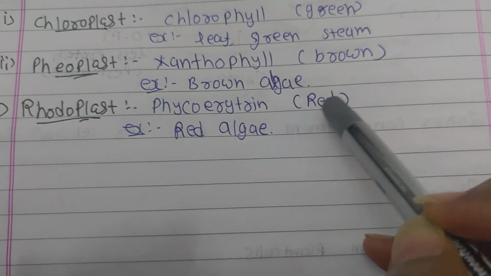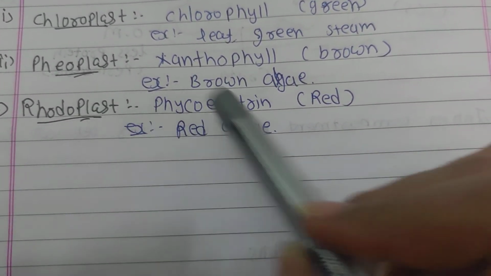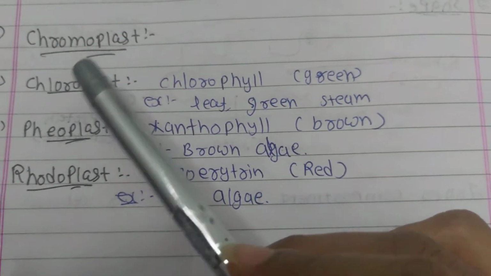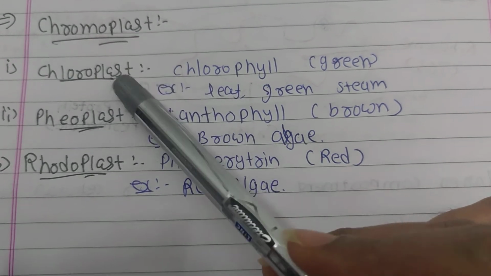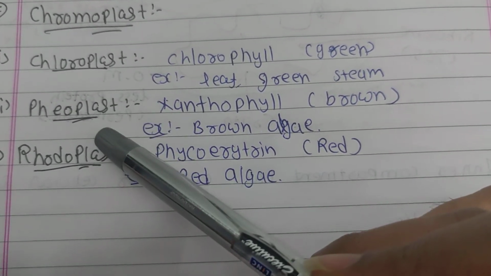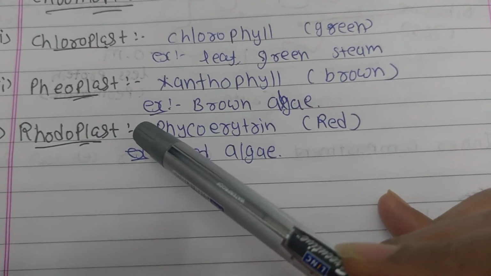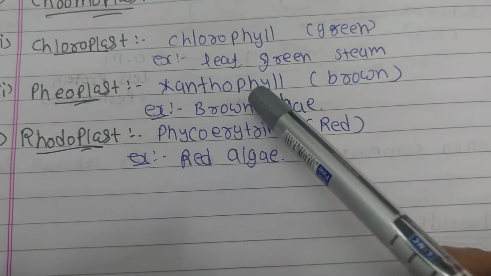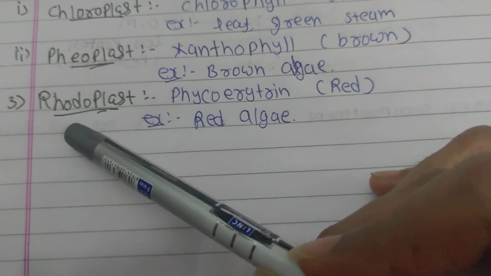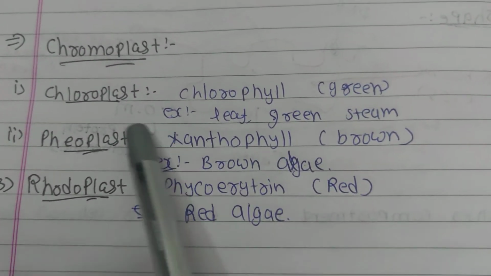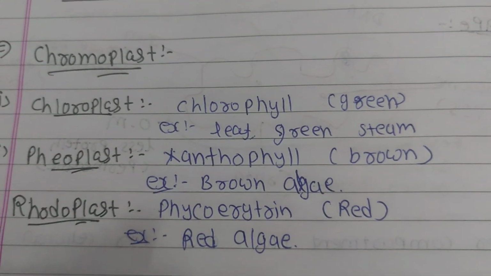Erythrin means red, so phycoerythrin has red color and it is present in red algae. So chromoplasts are of three types: chloroplast, pheoplast and rhodoplast. Chloroplast has the green pigment chlorophyll; pheoplast, the brown pigment xanthophyll; and rhodoplast, the red pigment phycoerythrin. We discuss the chloroplast in detail in the next class.